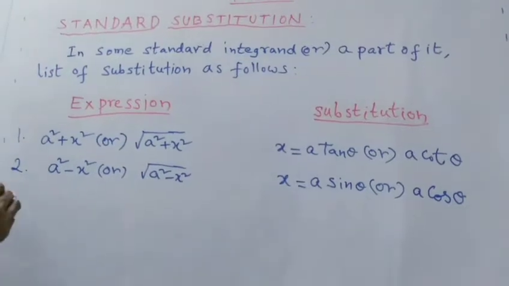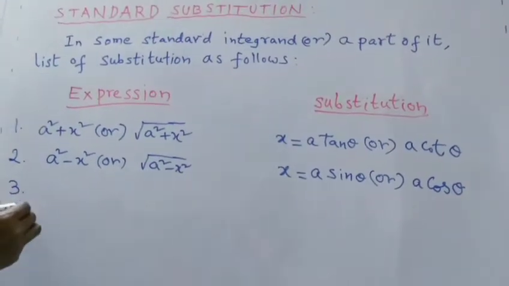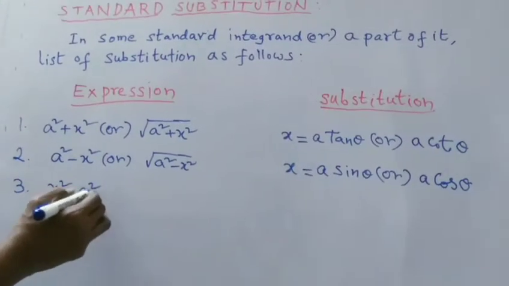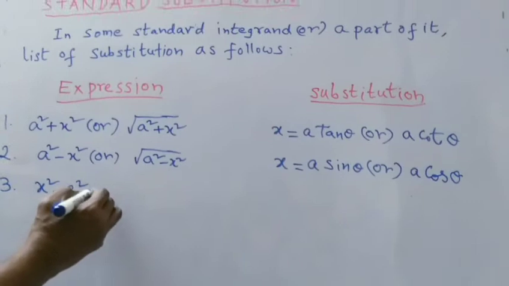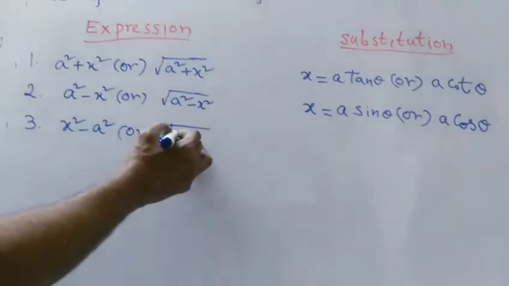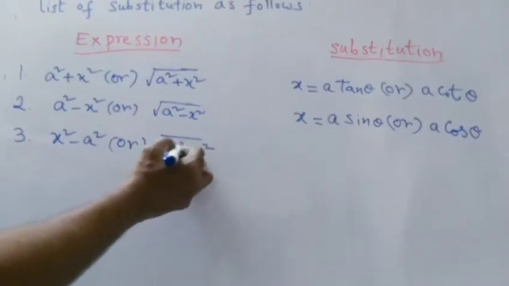And next, third one, x square minus a square, this is the expression, or under root of x square minus a square.